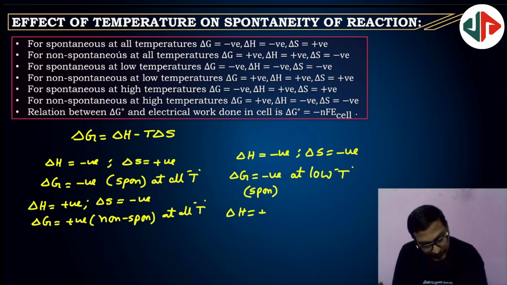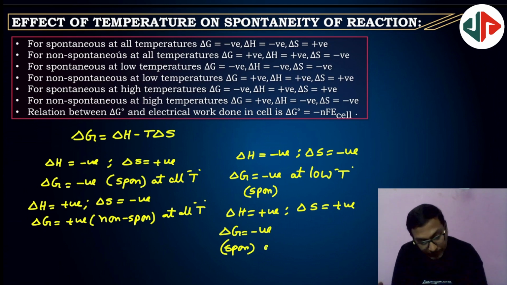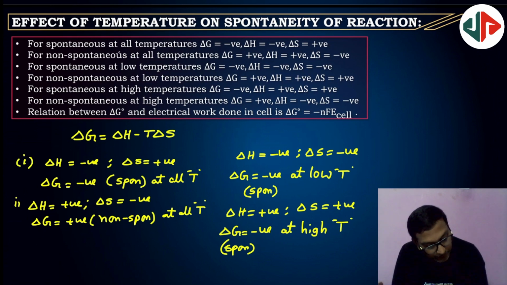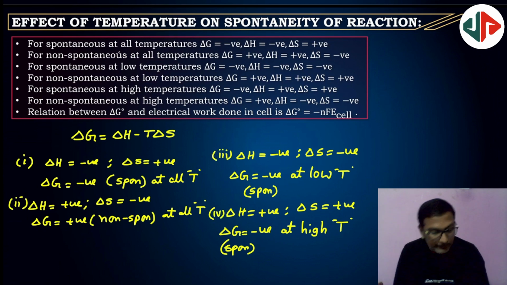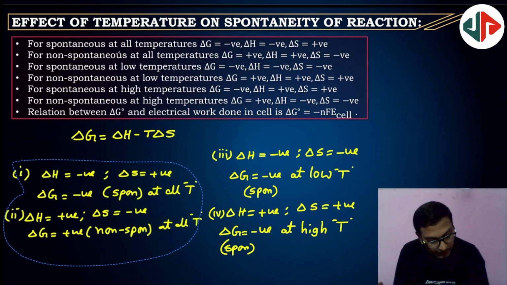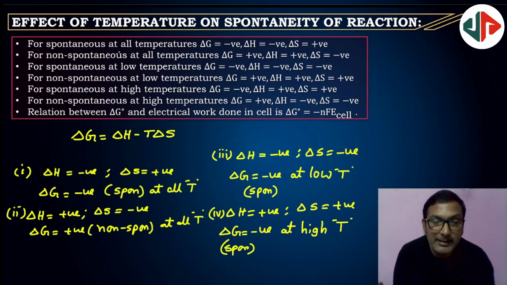Next, if delta H is positive and delta S is positive, then delta G becomes negative and spontaneous at high temperature. Remember these four conditions. These are the points given above, very important for matching and calculation.